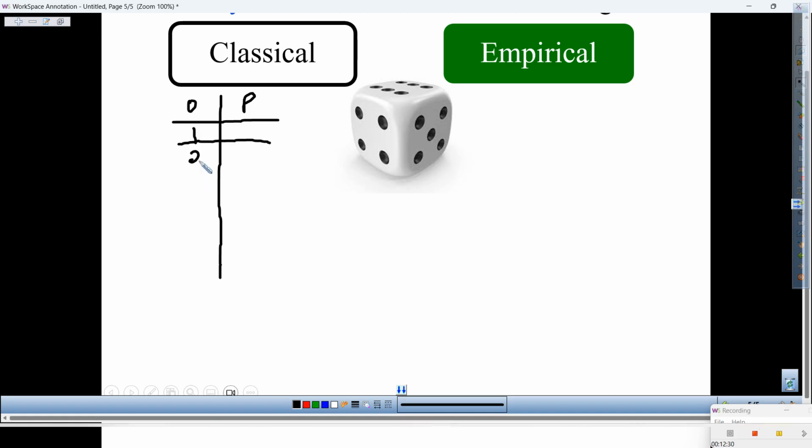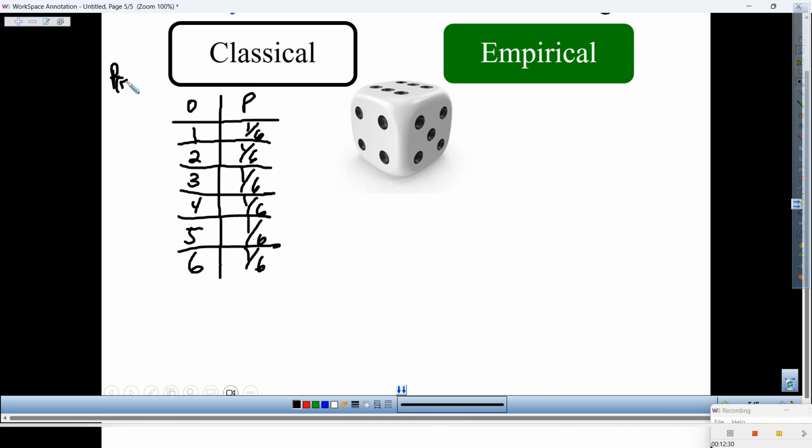The numbers 1, 2, 3, 4, 5, and 6. And what is the probability for each? 1/6, 1/6, 1/6, 1/6, 1/6, 1/6. And of course, our formula for that is P of E equals N of E over N of S.